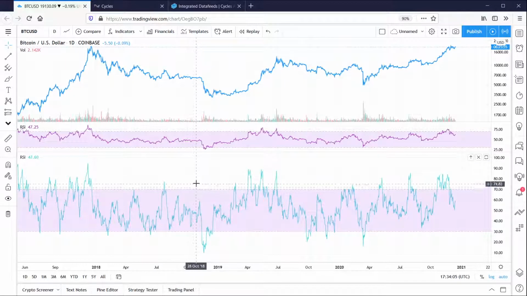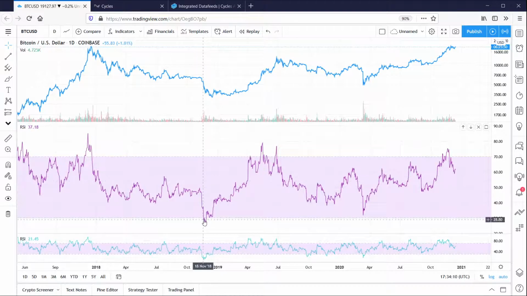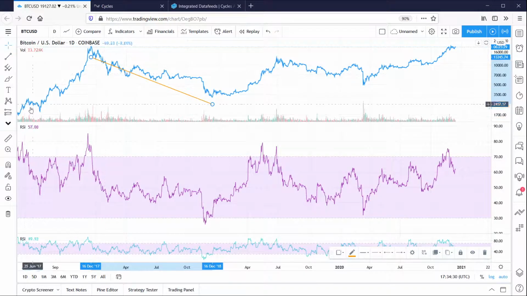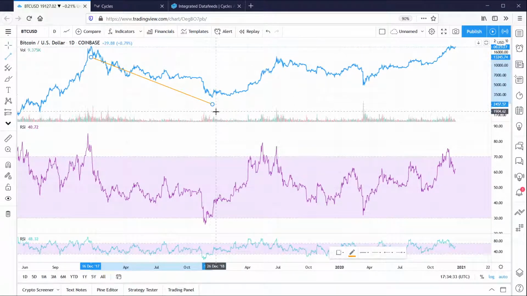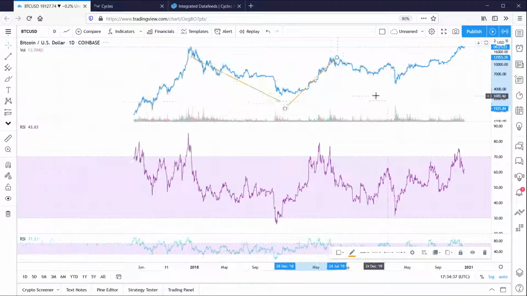If you tune it with the length settings of the dominant cycle in the market, so 40 here, you will see that the signals become much more clear and you don't get too many false signals in the market. So again, this is the adjusted RSI with the dominant market cycle, which gives you much cleaner signals. Now here, the clear downswing from here to here, and then the clear upswing from here to here. You see clearly given by the RSI.